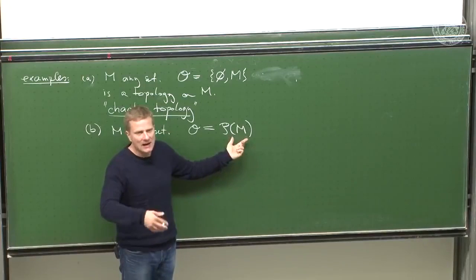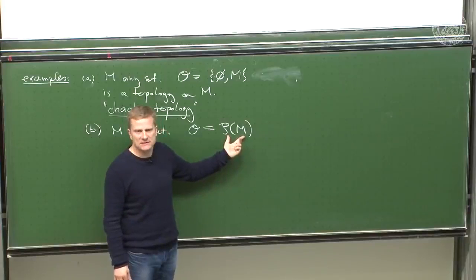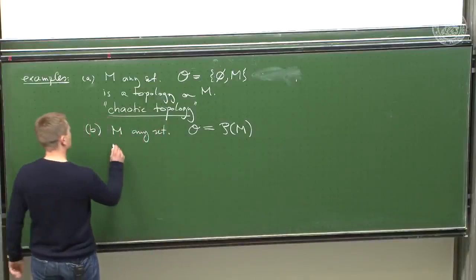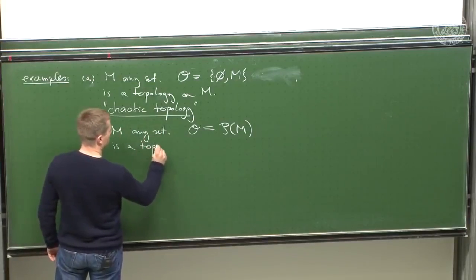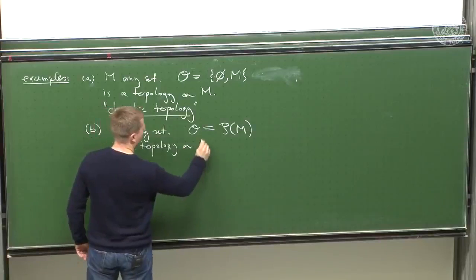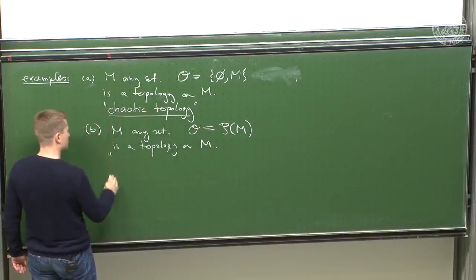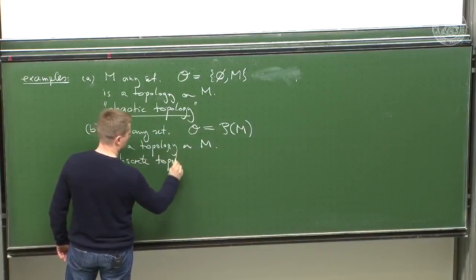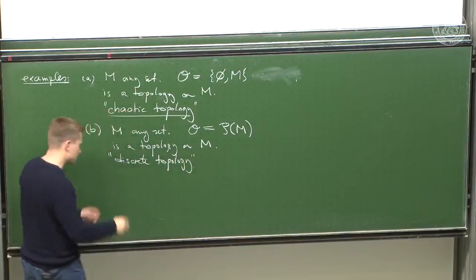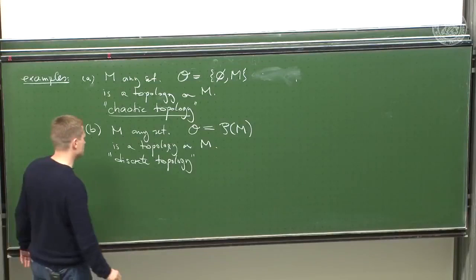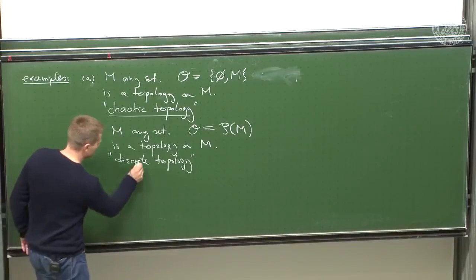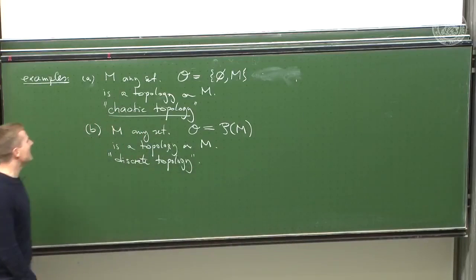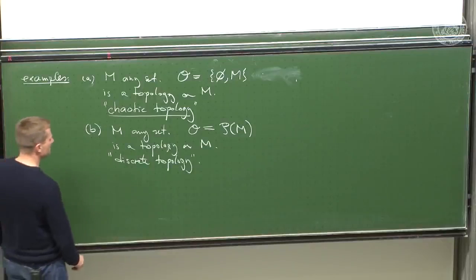The union of any arbitrary collection of subsets is, of course, a subset of M. Trivially, also a topology on M, and this is called the discrete topology. Discrete in the sense of separated, not discrete in the sense of, well, you know, the moral sense. Okay, so that's the discrete topology.